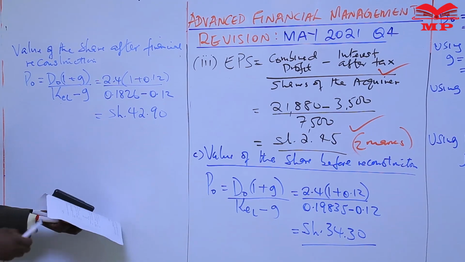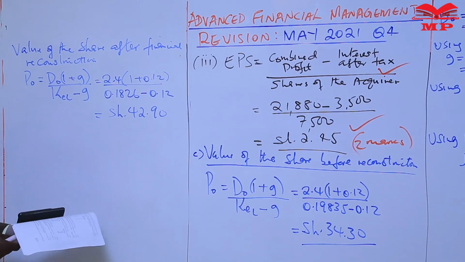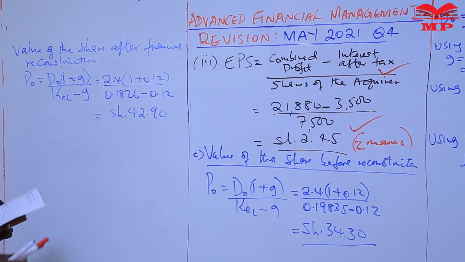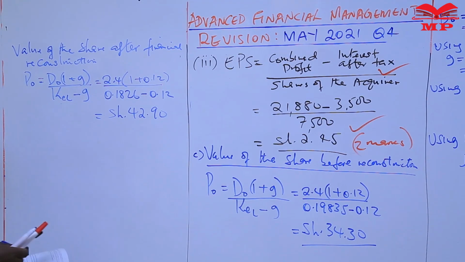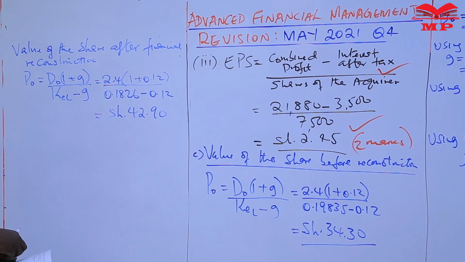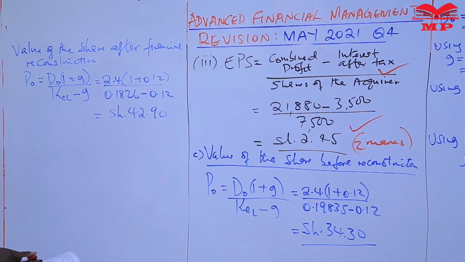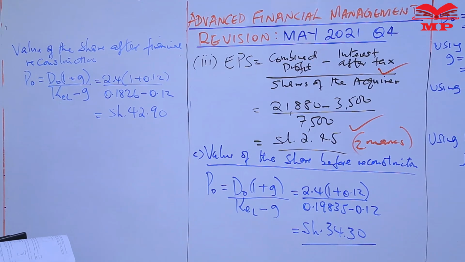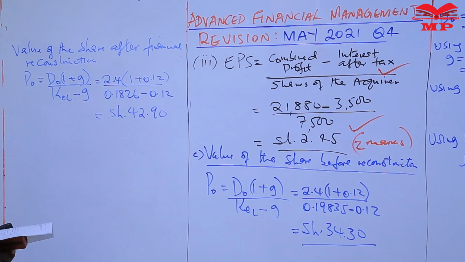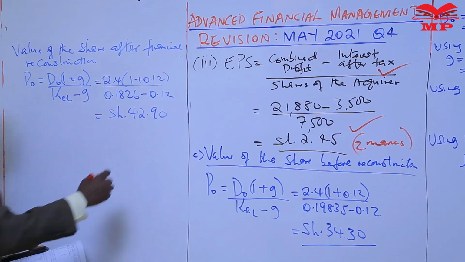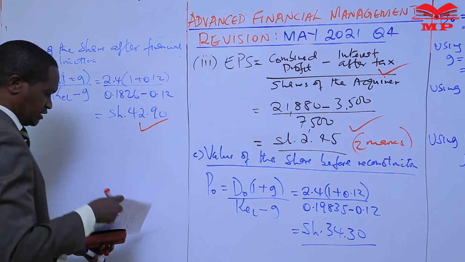So candidates, we have calculated the value of the share after reconstruction, and we have found out that after reconstruction the value of the share goes up from 34 shillings and 30 cents to 42 shillings and 90 cents.